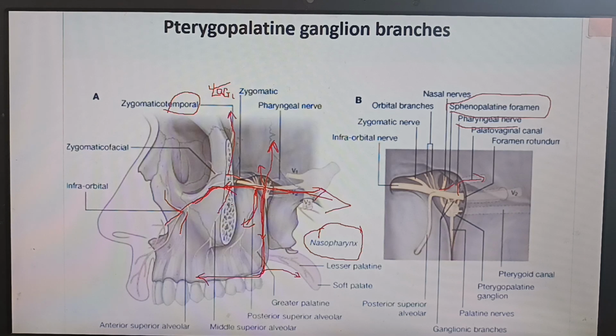So think like this: if the pterygopalatine ganglion is irritated, it is going to create immense secretions in the orbital cavity by the lacrimal gland, nasal cavity, oral cavity, nasopharynx, etc. So this is the anatomical definition of hay fever, which causes an allergic inflammatory reaction in your pterygopalatine ganglion and causes excessive swelling and secretions in your mucosa.